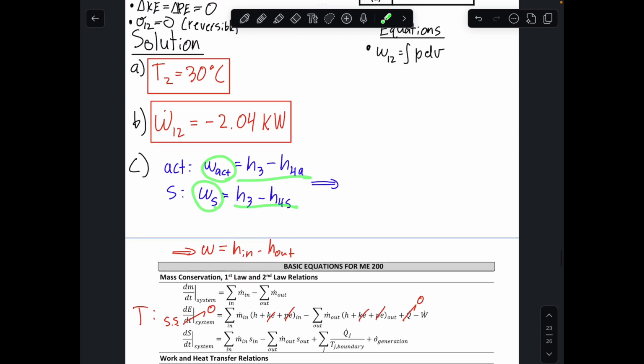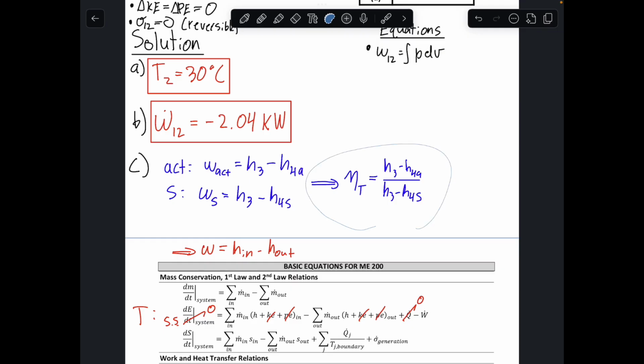And when we do that, we see the efficiency over a turbine is equal to work actual here in the numerator, which is this H3 minus H4A, divided by our isentropic work, which is this H3 minus H4S.